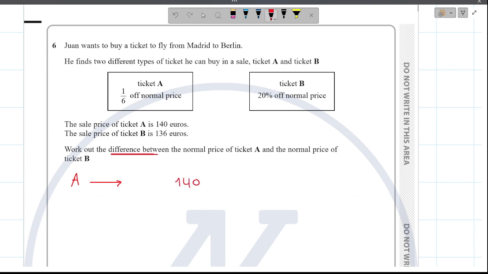So 140 is the sale price, which is equal to 1/6 of the normal price. To get the normal price, it will be 140 divided by 1/6. So it's 840.